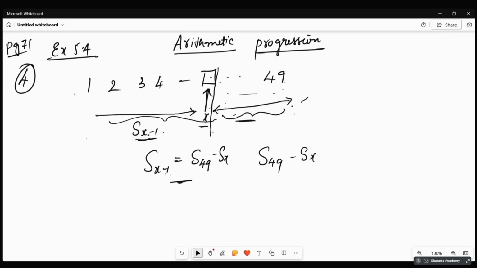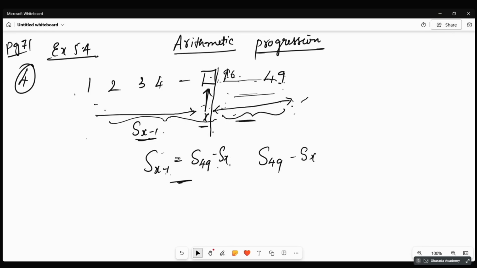For the remaining sum from S16 onwards I don't have any formula, so what I will do is write it as total S49 minus Sx. So he is telling S(x-1) is equal to this whole thing, that is S49 minus Sx.